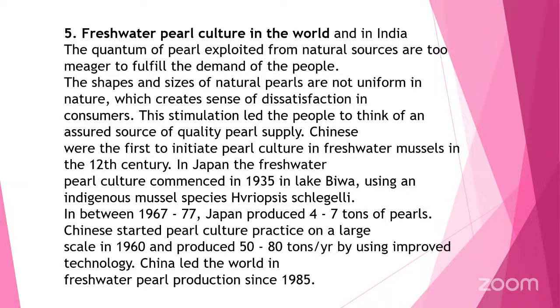In between 1967 and 77, Japan produced 4 to 7 tons of pearls. Chinese started pearl culture practice on a large scale in 1960 and produced 50 to 80 tons per year by using improved technology. China led the world in freshwater pearl production since 1985.